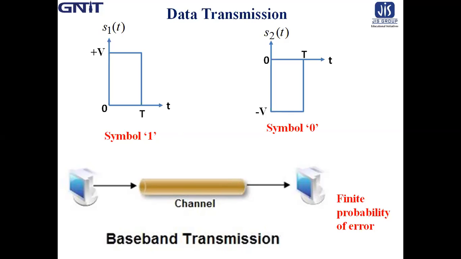The received signal will be corrupted by noise, and hence there is a finite probability that the receiver will make an error in determining, within each bit interval, whether a 1 or 0 was transmitted.